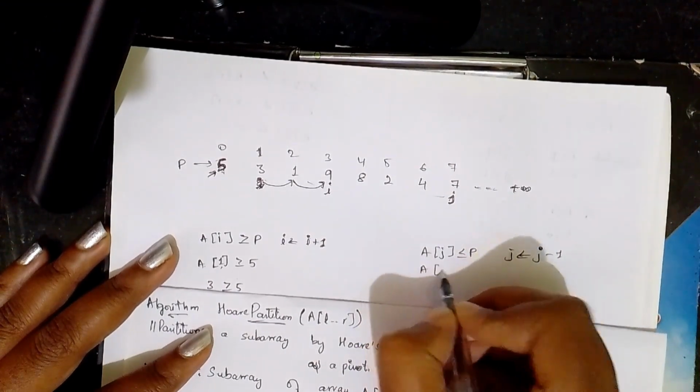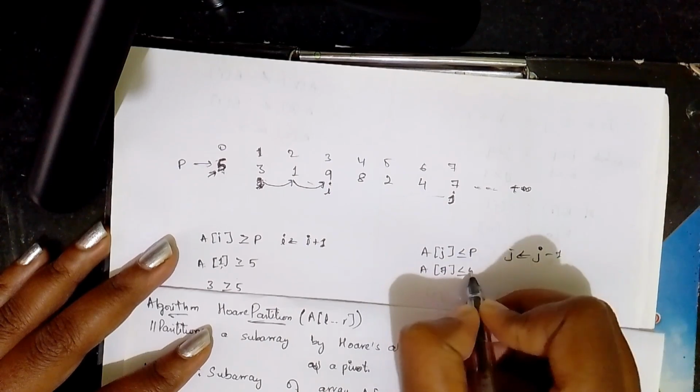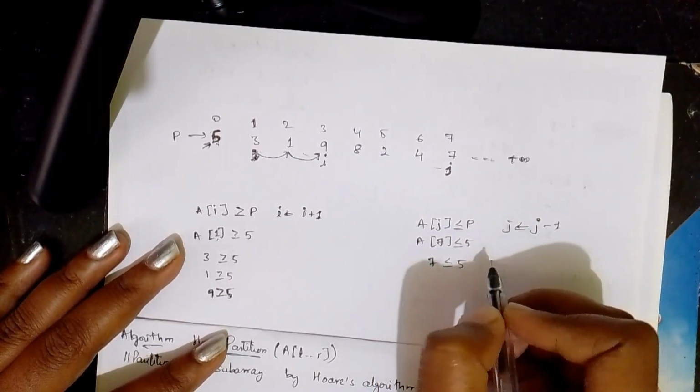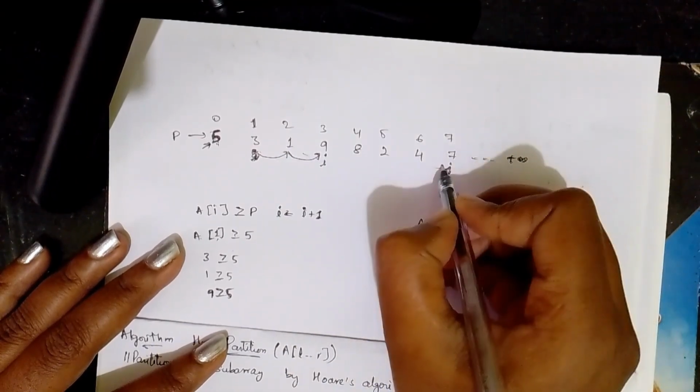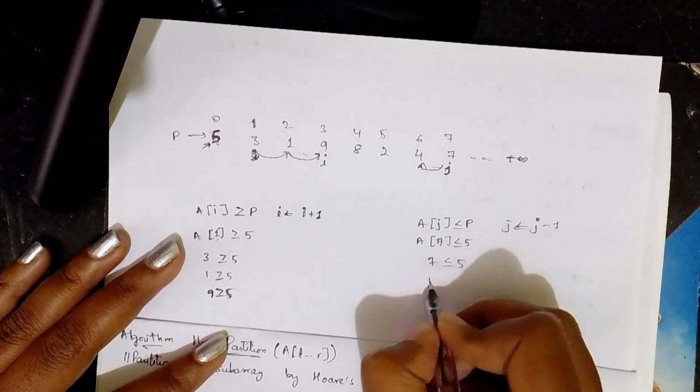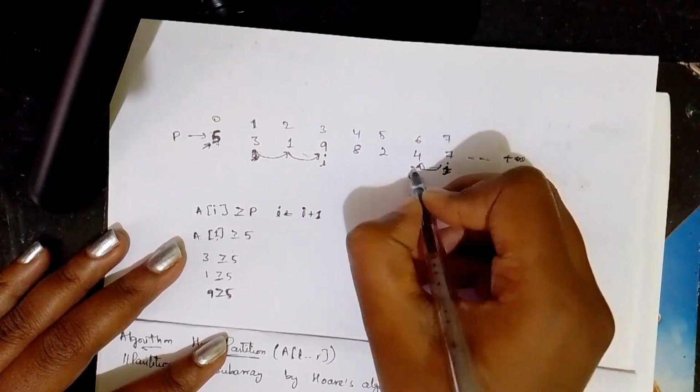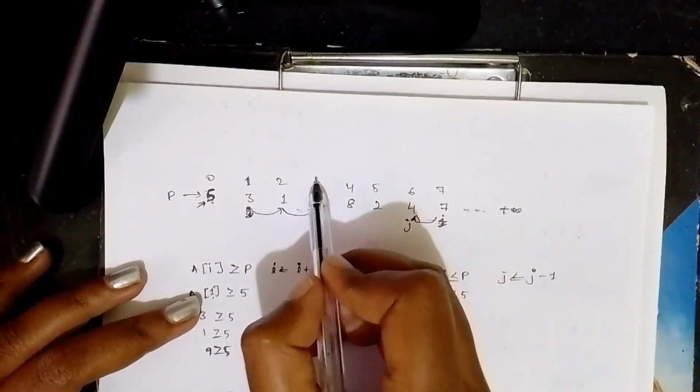Here a of j, that is a of 7, is 7, and the pivot element is 5. 7 is greater than 5, so we can't do any swapping, so we move further. Here 4 is smaller than 5, so j will stop here. Now we have to swap these two elements.